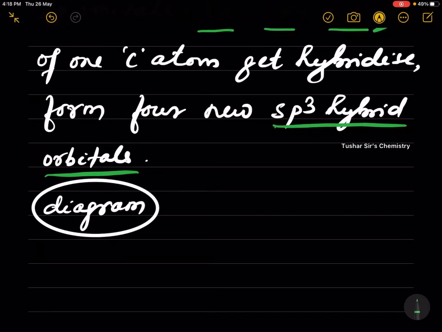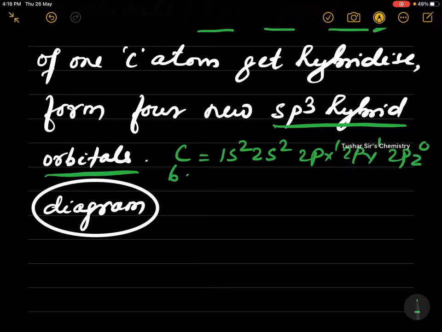You see, carbon (atomic number 6) in the ground state is 1s2, 2s2, 2px1, 2py1, 2pz0. This is the ground state.